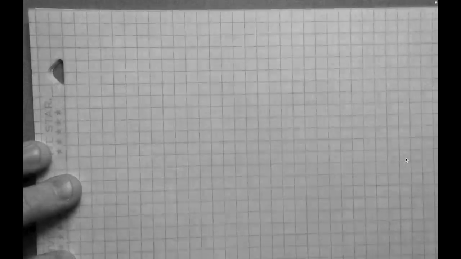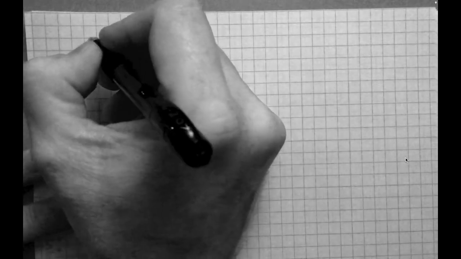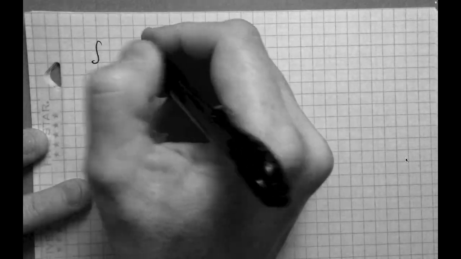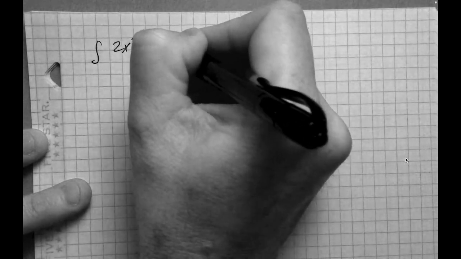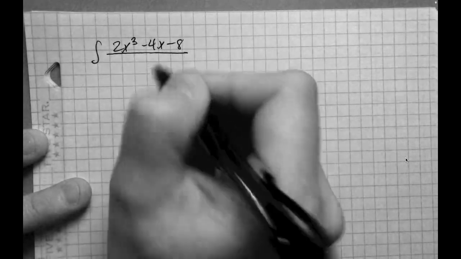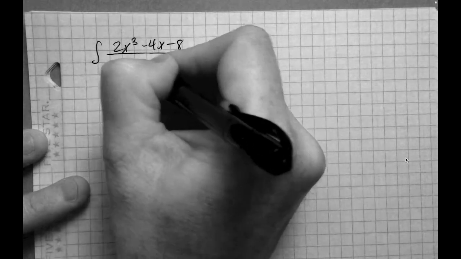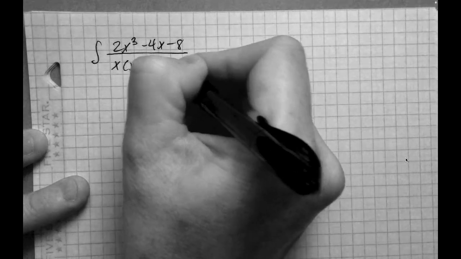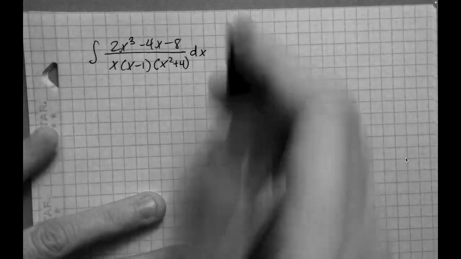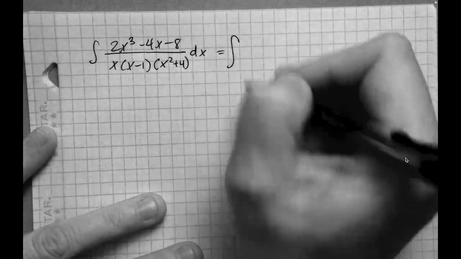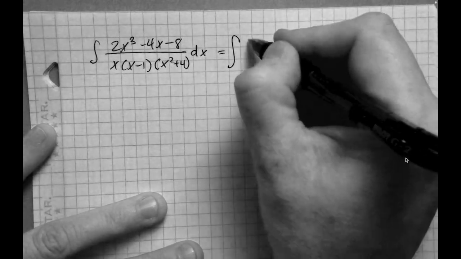Right, so let's see. The integral was 2x cubed minus 4x minus 8 divided by x times x minus 1 times x squared plus 4 dx. Now we can write that in terms of the partial fraction decomposition.